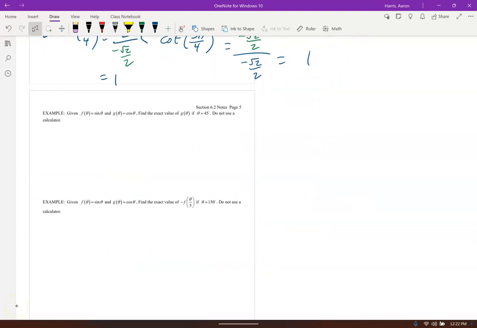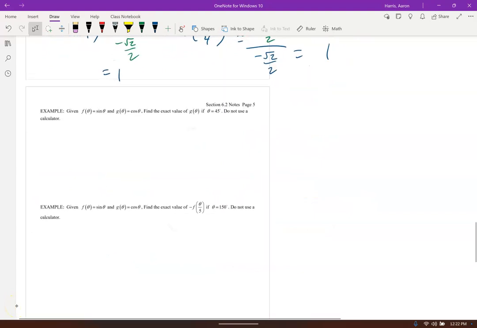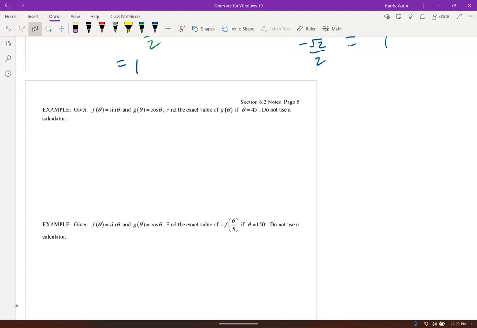We've got, if f of theta equals sine of theta, g of theta is cosine of theta. What would g of theta be if theta is 45? So we're just using the g function. g of theta is cosine of theta. Well, if theta is 45, let's throw the 45 degrees in. So we're just finding the cosine of 45 degrees. Don't use a calculator. This is saying, hey, do it with the unit circle.